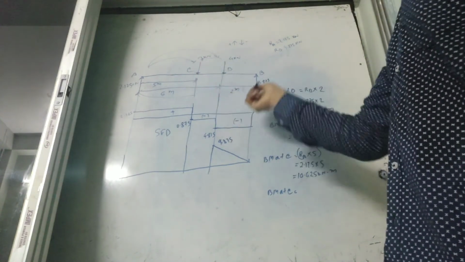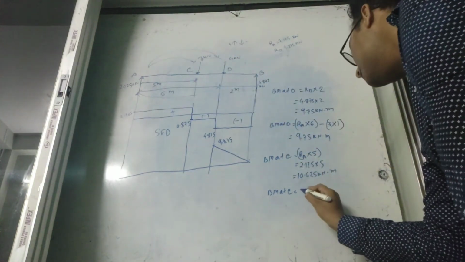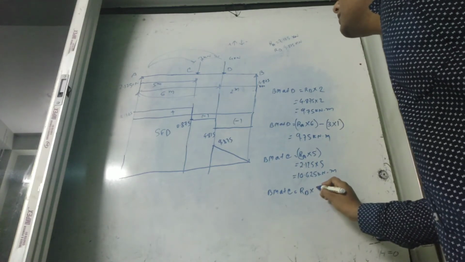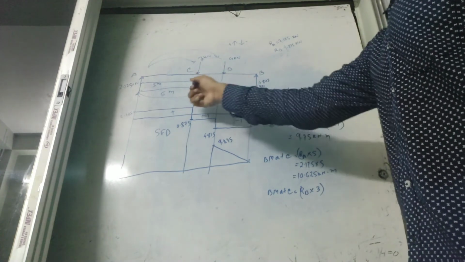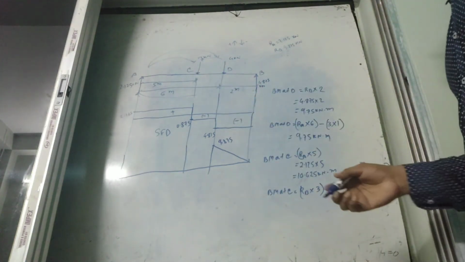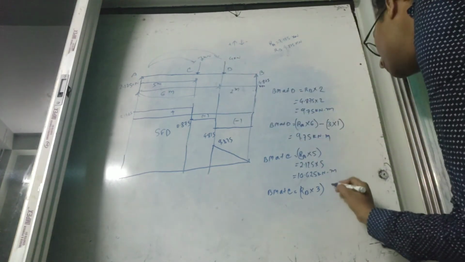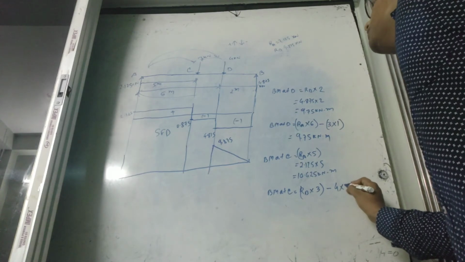And if we go from the other side, BM at C, for reference point C, RB acts as anti-clockwise and the load at D as clockwise. So RB into distance 3, because this point is 5 and total is 8, so this is 3. RB into 3 anti-clock and D is clock, minus 4 into 1.